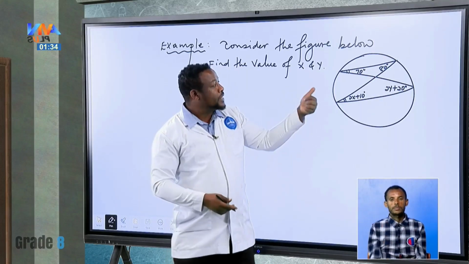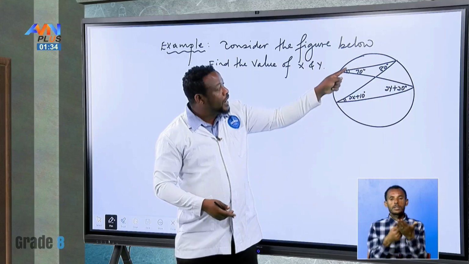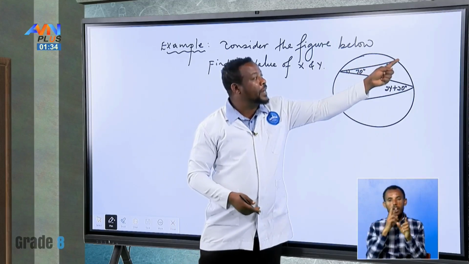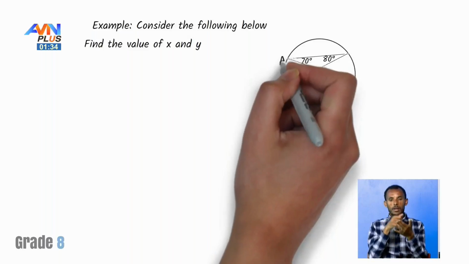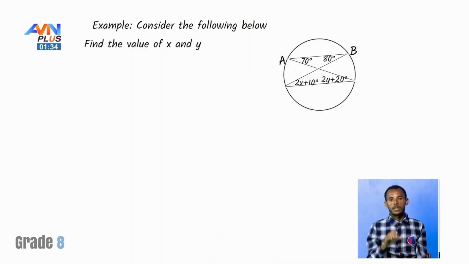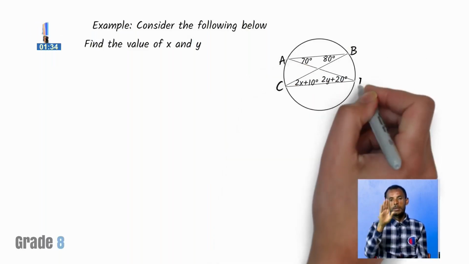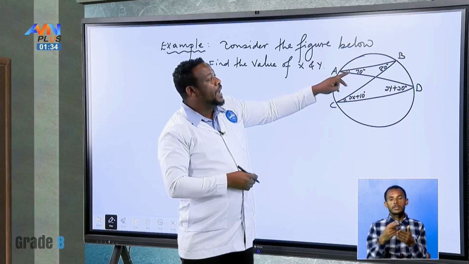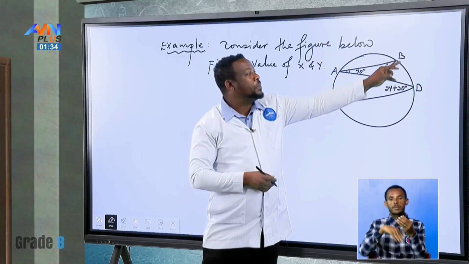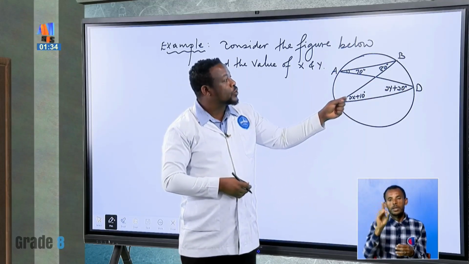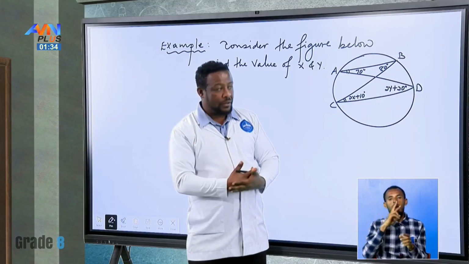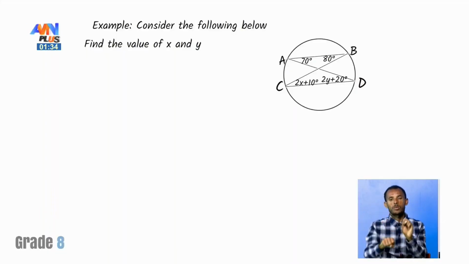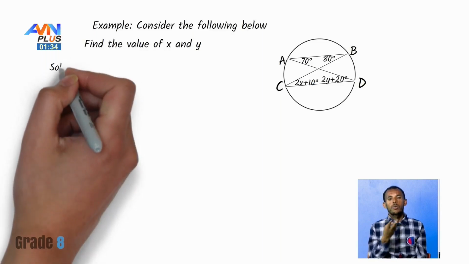As you can see here, this angle and this angle are subtended by the same arc. If you want, you can call them A, B, C, D, right? So angle A is subtended by arc BD, and angle C is also subtended by arc BD, so they are congruent. Okay, so we will have this result.